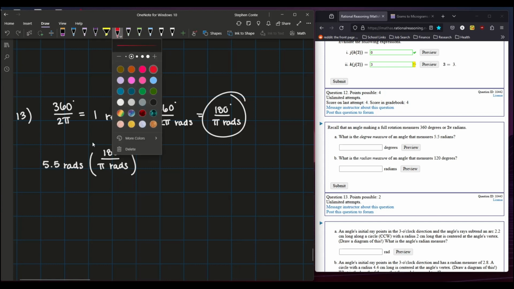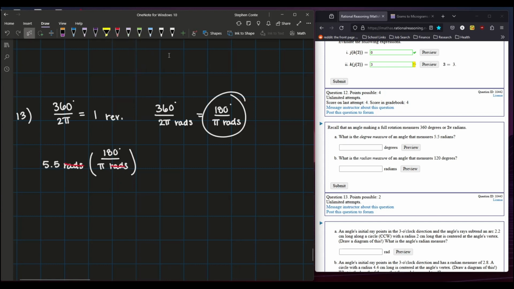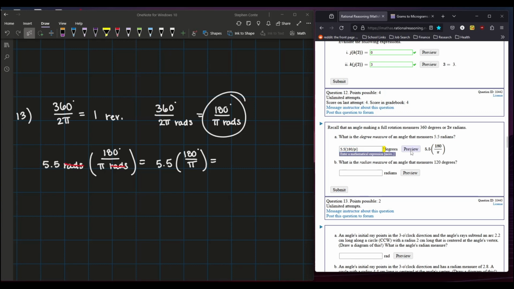So radians will cancel out here technically, and I'll get an output in degrees because that's all that's left. So I'll have 5.5 times 180 degrees over pi, which is going to be some output in degrees. We can find out by just plugging in here. 315 degrees.